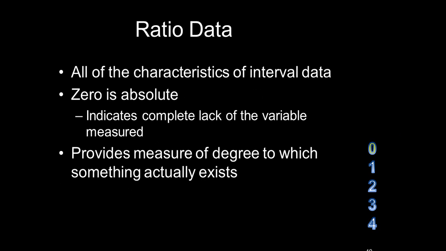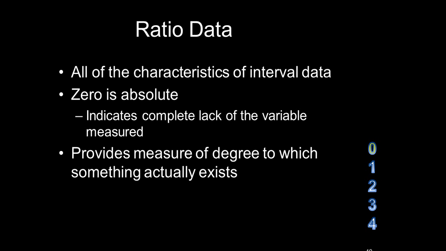All right, ratio data. Ratio data is similar to interval data, except zero is absolute, i.e., the variable does not exist at all. So when we measure that zero, that means there's a complete lack of that variable measured inside of it. So it needs to be obviously a variable that could have complete absence inside of it.